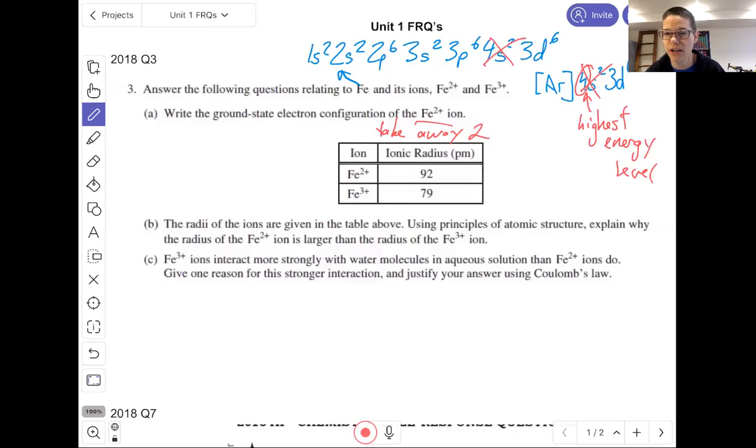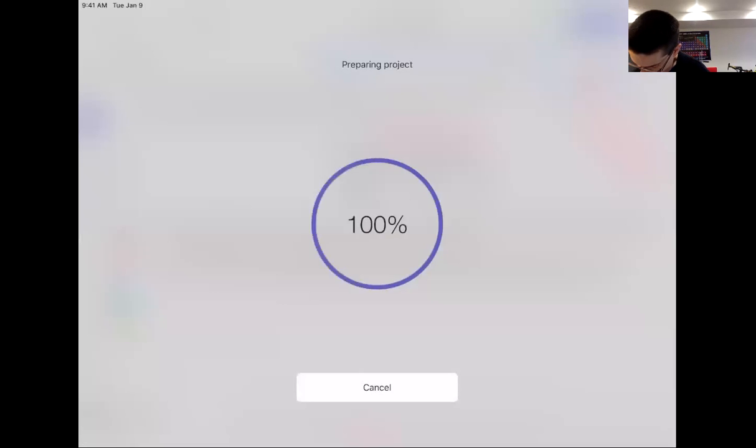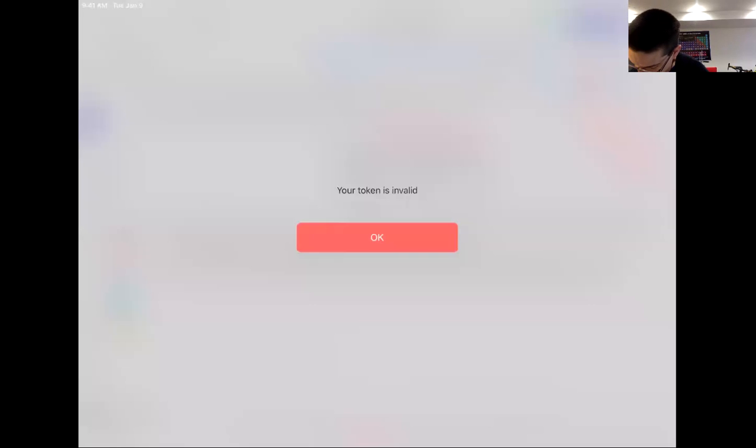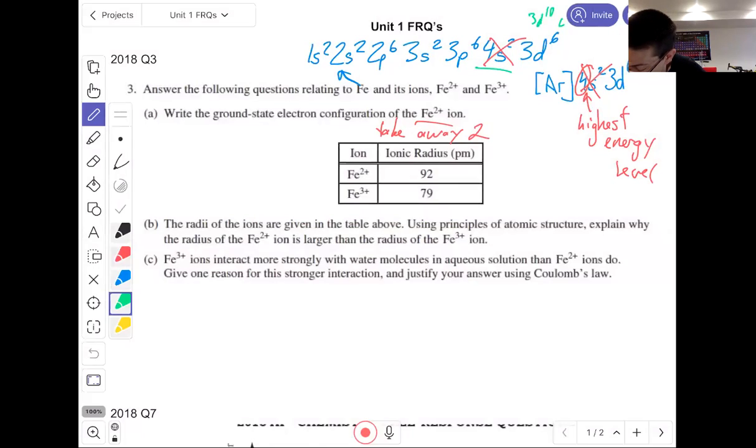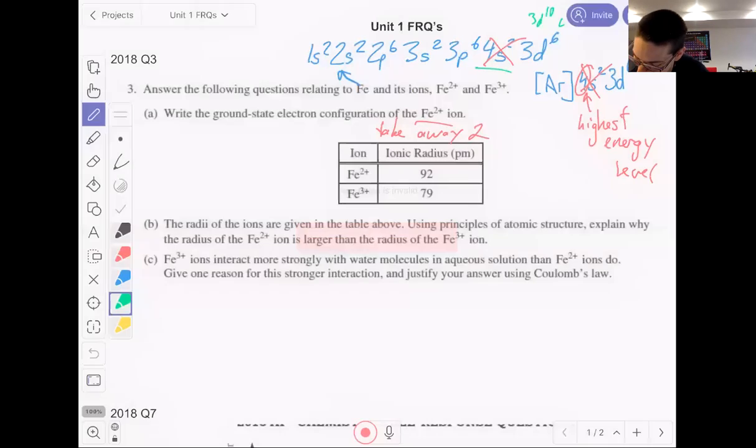So when you ask why is that the case? Because S and P are always going to be a number above D, right? So sitting here, we've got 4s2. If I filled up 3d10, the next thing I would write would be 4p6, right?